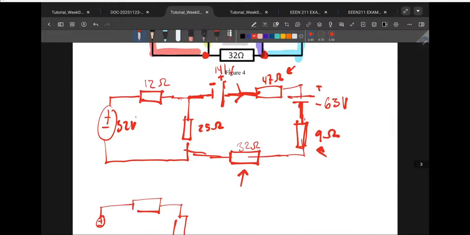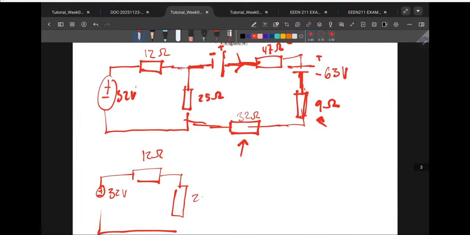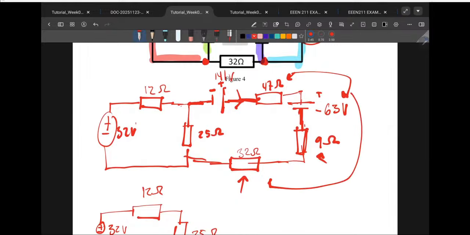If you're going to put, you'd say, okay, this is going to be 12 ohms, this is going to be 32 volts, this is going to be 25 ohms. Then for these ones which are in series, you add them to each other and get one resistance, then you're going to add the two sources, knowing that this is positive, this is negative, and you're going to get also something. So that's how it works.